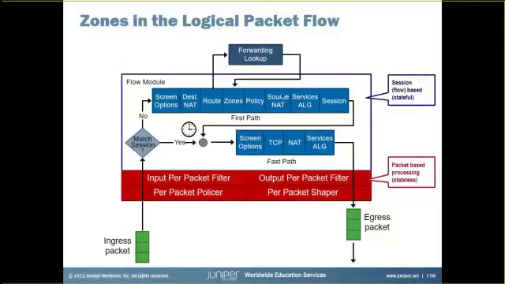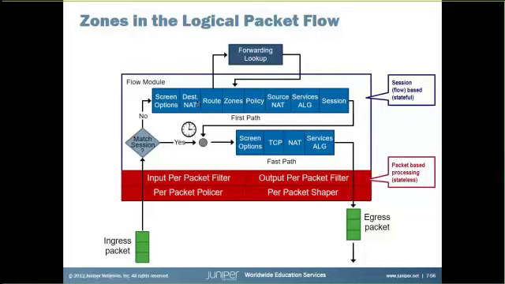The first step is called screens, where we look for basic types of attacks that we can discard pretty easily, like ping sweep and TCP port scans. Then we do destination NAT, and after that we look for a route in the routing table.